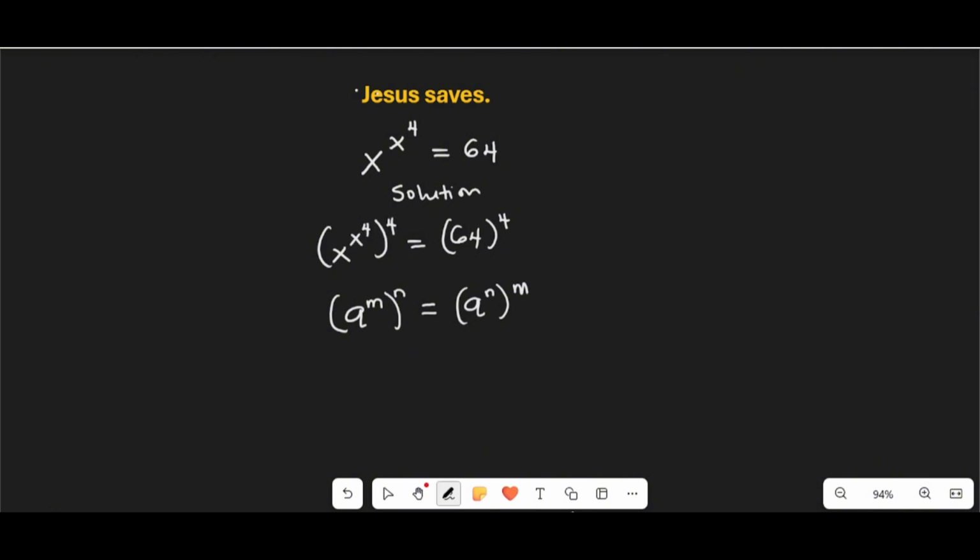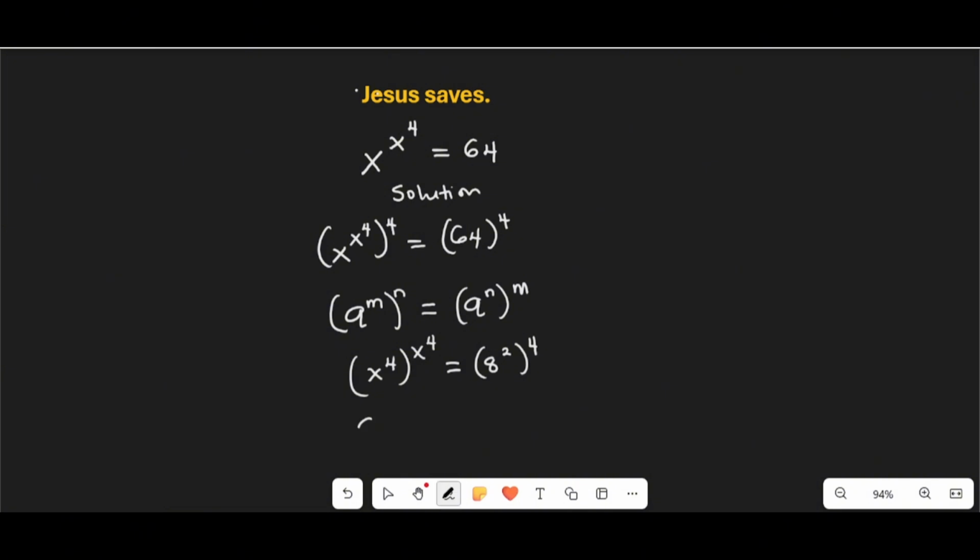So I can write (x^4) all raised to the power x^4 equal to, 64 is equal to 8 squared, so let us write (8^2) all raised to the power 4.